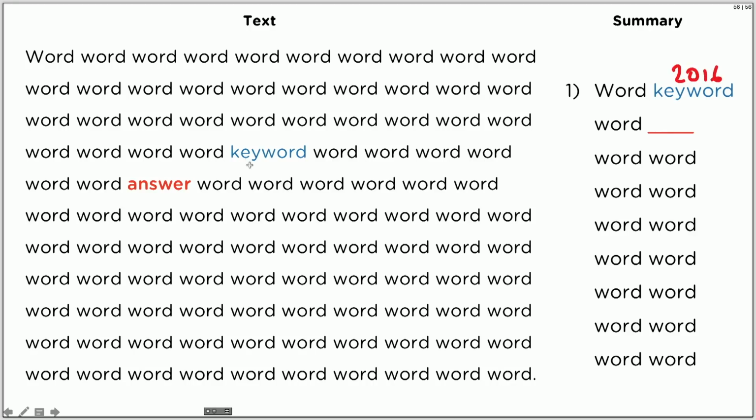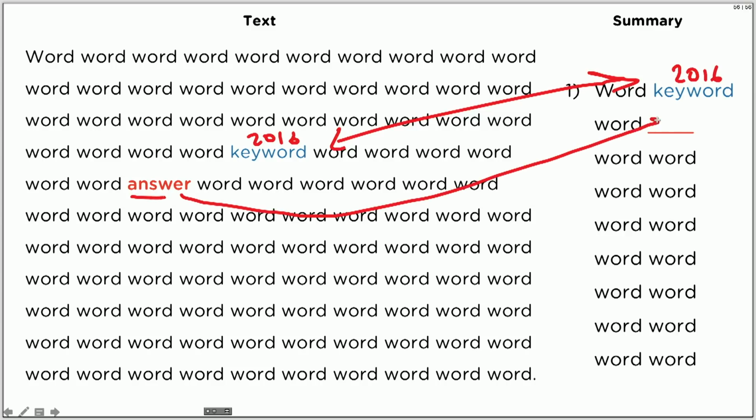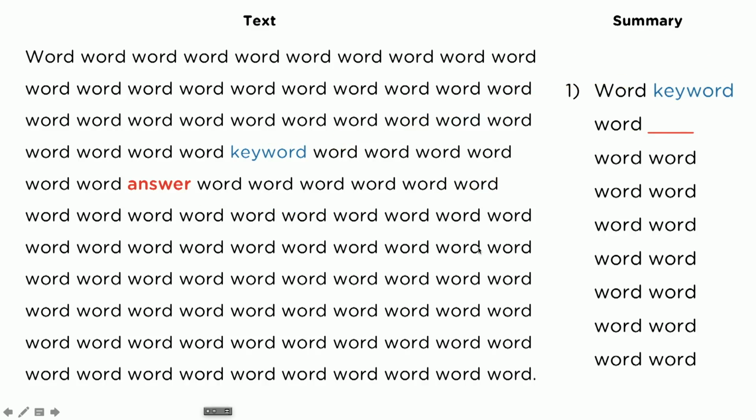Then you go across to the text and you see the word 2016. So you found the corresponding keyword. That's the first step. Then you need to read very carefully because this will be a sentence, and you notice that the answer's here, and this is the word, and you might take that word and put it directly in here with no transformation. Just a direct movement of that word to that space. So answer, answer.